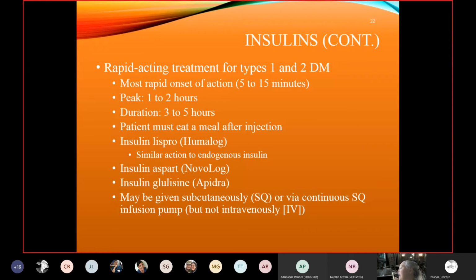Rapid actings have the most rapid onset, 5 to 15 minutes, with a peak in 1 to 2 hours. The patient must eat after they get an injection. Humalog is very similar to endogenous insulin. Apidra is another one you can use. It can be given sub-Q or by sub-Q pump.